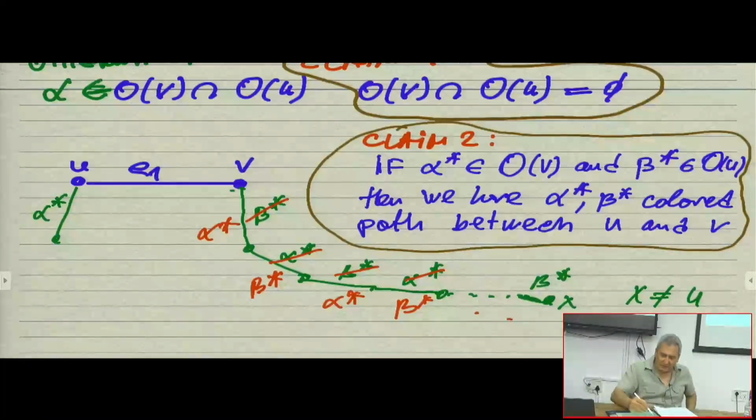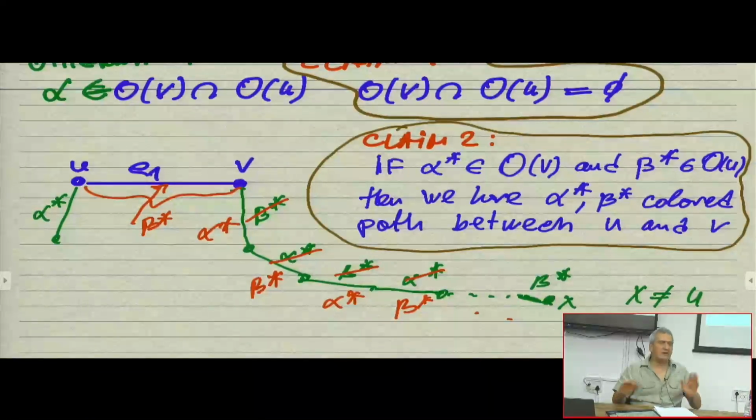And what can we put now here? Beta star. Yes, we put beta star here and color it, and then we are done. So what is left is that this green path must actually finish at U, and then we cannot do this. I will now clean it up a little bit.